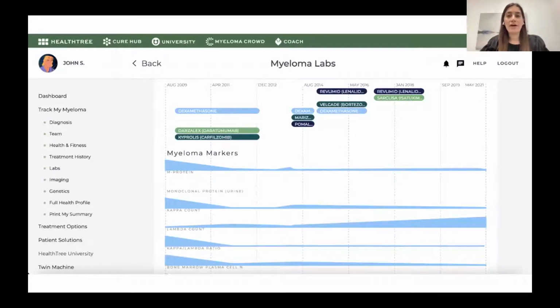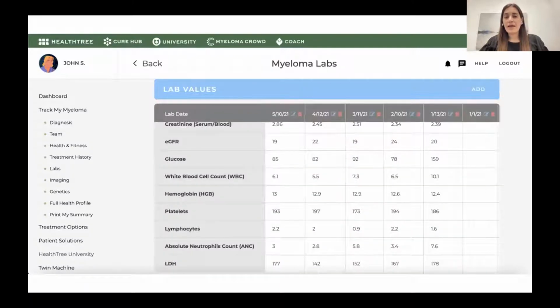That's what we love about it. It's really empowering, it's really visual, and what we want for you is to really understand your myeloma and what it means. We also have a table where you have the values and you can edit them, add them, delete them, and we can help you with that. You don't have to do that alone.